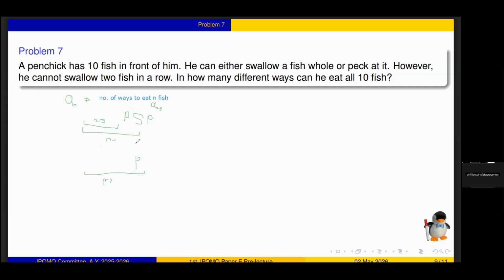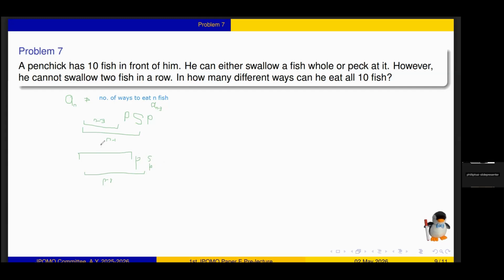Either way though, in this case, this is already defined, but this next term can be either S or P. And for the term below it, it can be any sequence because if you peck, there doesn't need to be any condition before it.